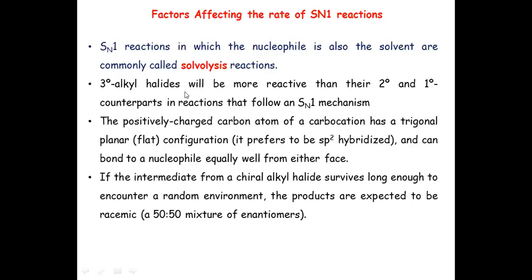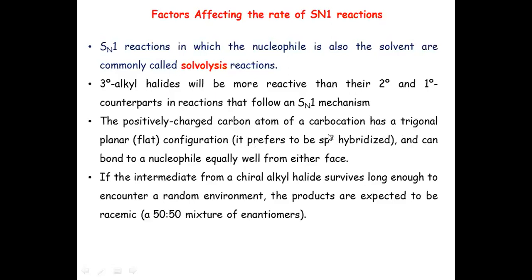The tertiary alkyl halides will be more reactive than secondary and primary. Why? Because tertiary alkyl halides are going to generate a more stable carbocation if I compare with secondary or primary alkyl halides. The positively charged carbon atom of a carbocation has a trigonal planar geometry.